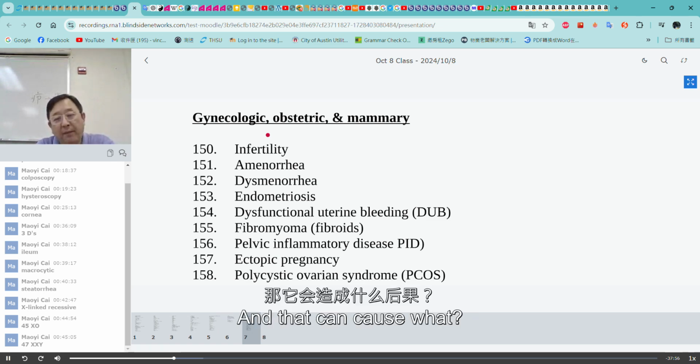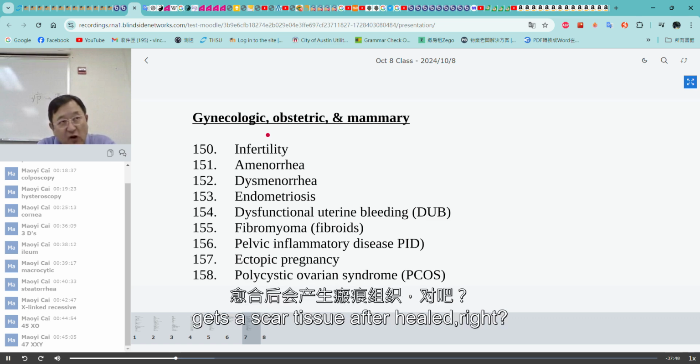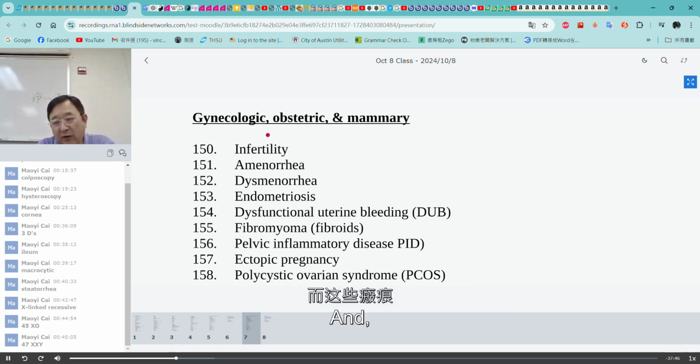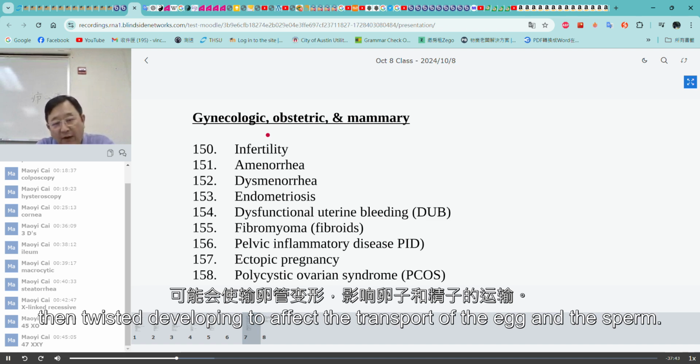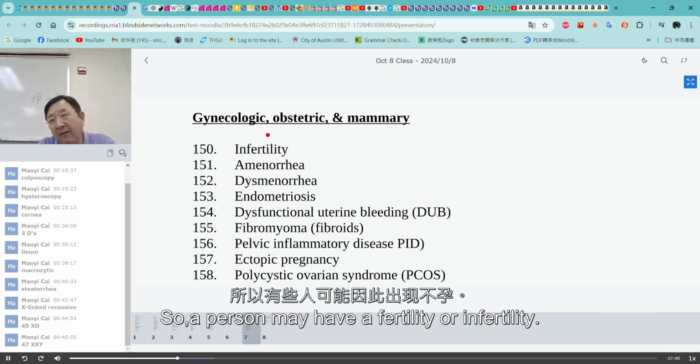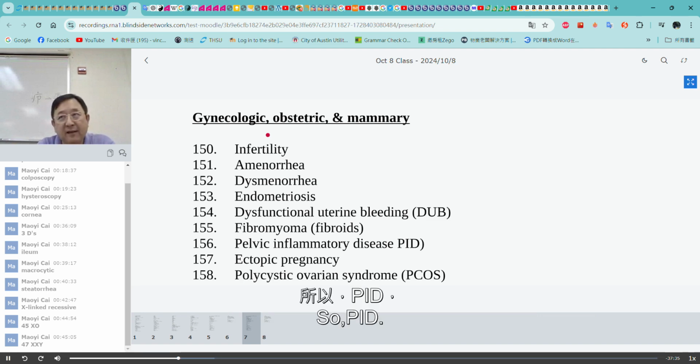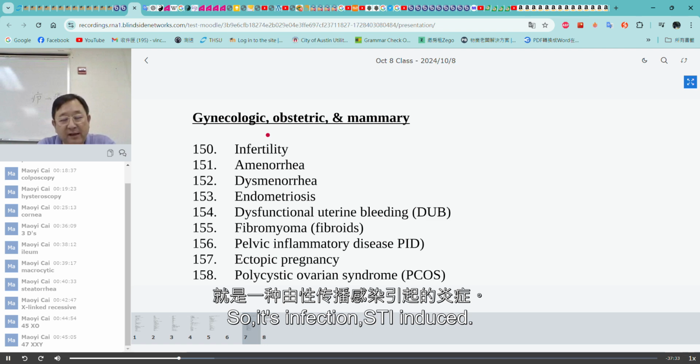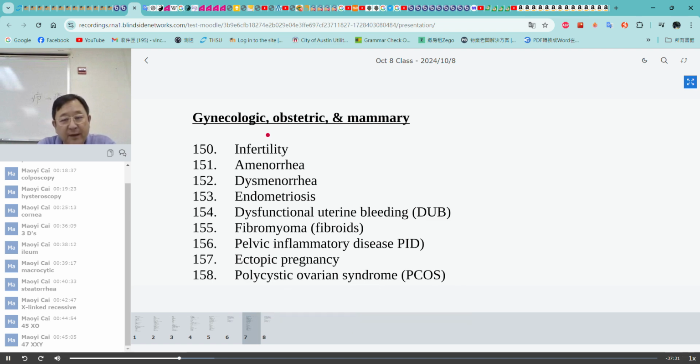That can cause pelvic inflammatory disease, inflammation, and pelvic pain. Chronically, sometimes the tissue gets scar tissue after healing, and then the twisted fallopian tube affects the transport of the egg and the sperm. So a person may have infertility. So PID is an infection, STI induced.